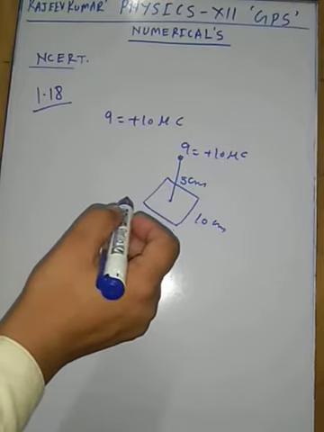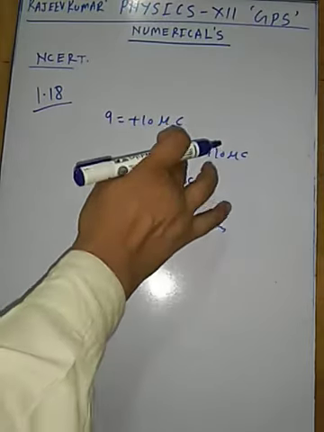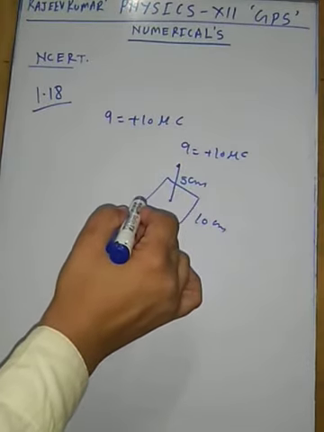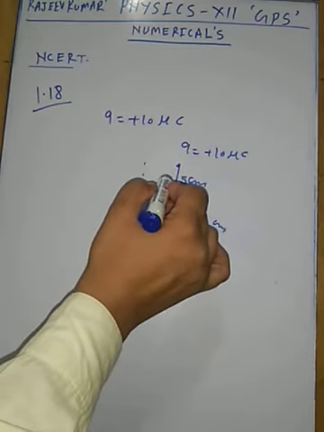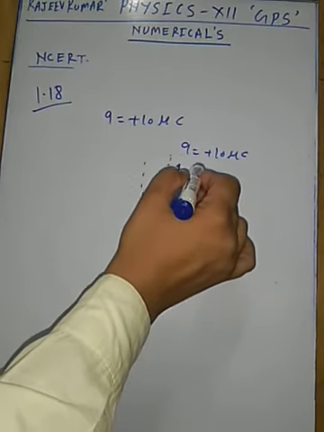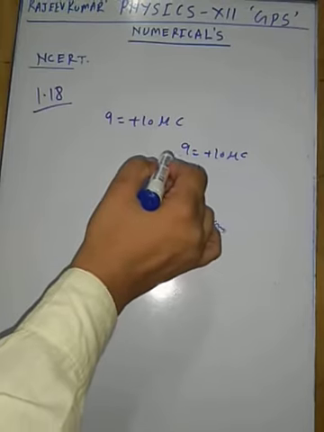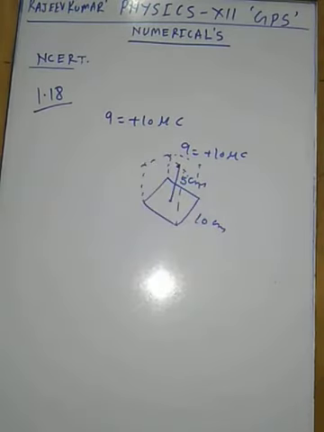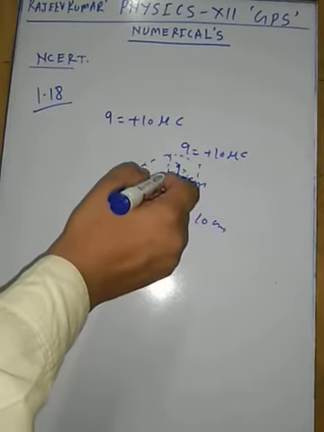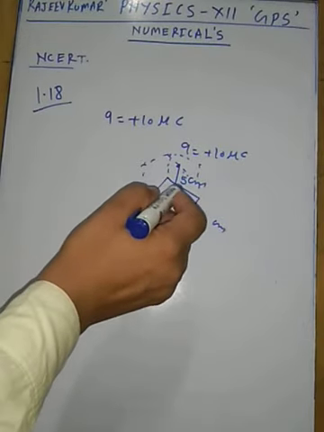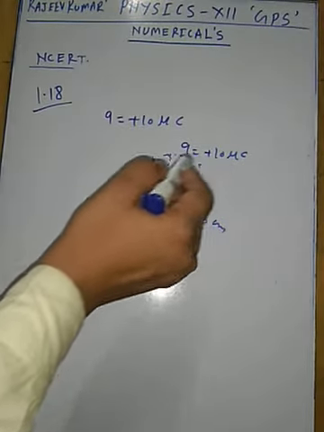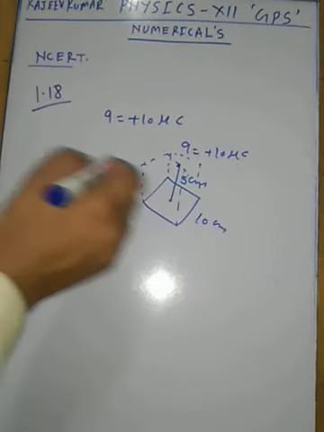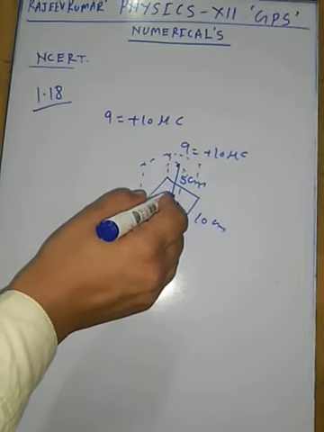Here we have to make a construction. We can assume that this is a cube, and a charge of 10 microcoulomb is placed inside the cube. A cube is a closed surface.